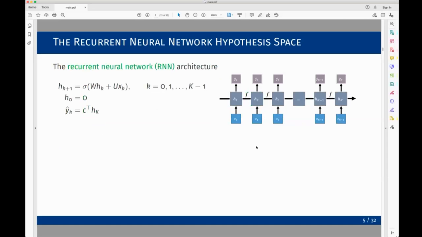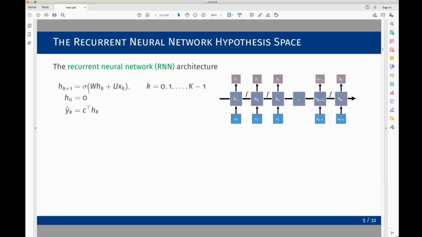One typical way people have known for a long time to do this kind of task is to use recurrent neural networks. If you are not familiar with this, here is a simple introduction to the RNN architecture. Given a sequence of inputs xk from x0, x1 to xk minus 1, we would like to construct hidden states hk from h1, h2 to hk.